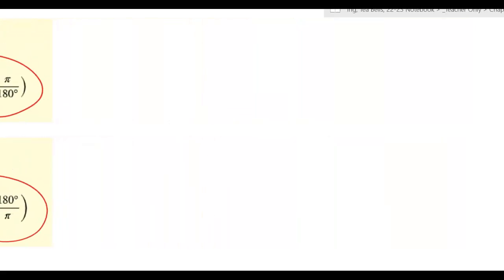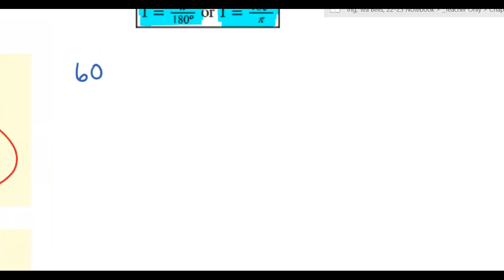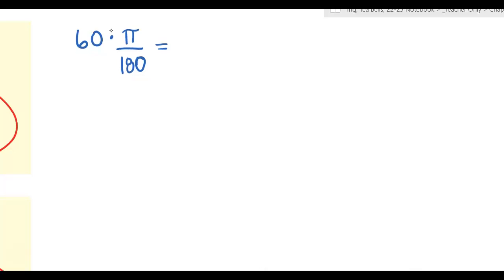Now let's do an example of this. What if we were converting 60 degrees into radians? We take our 60 degrees and multiply it by pi over 180. Remember, when you multiply fractions, we just multiply across, so 60 times pi is 60 pi, and 1 times 180 is 180.